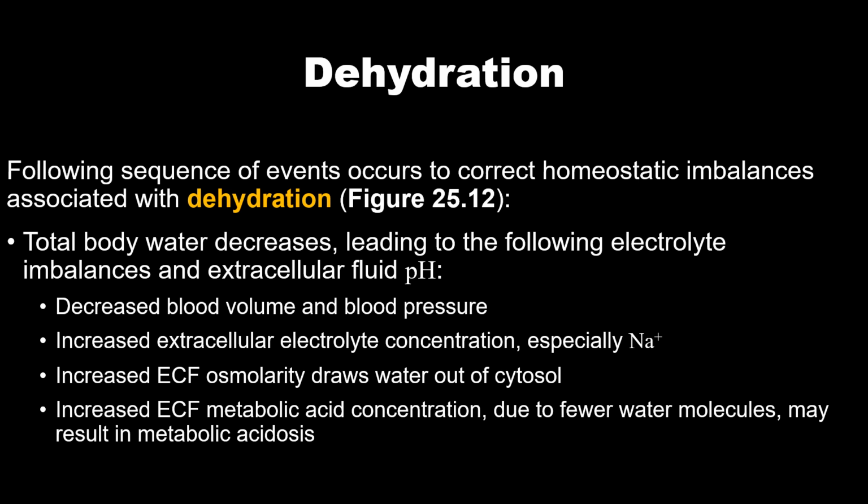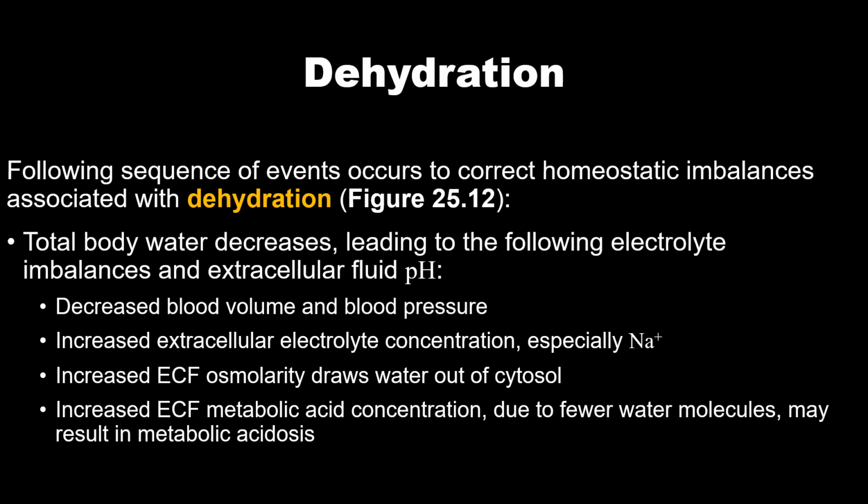If we look at a common imbalance, let's say dehydration from inadequate fluid intake, you see that it has cascading effects. First, total body water decreases, leading to imbalances of electrolytes and extracellular fluid pH.